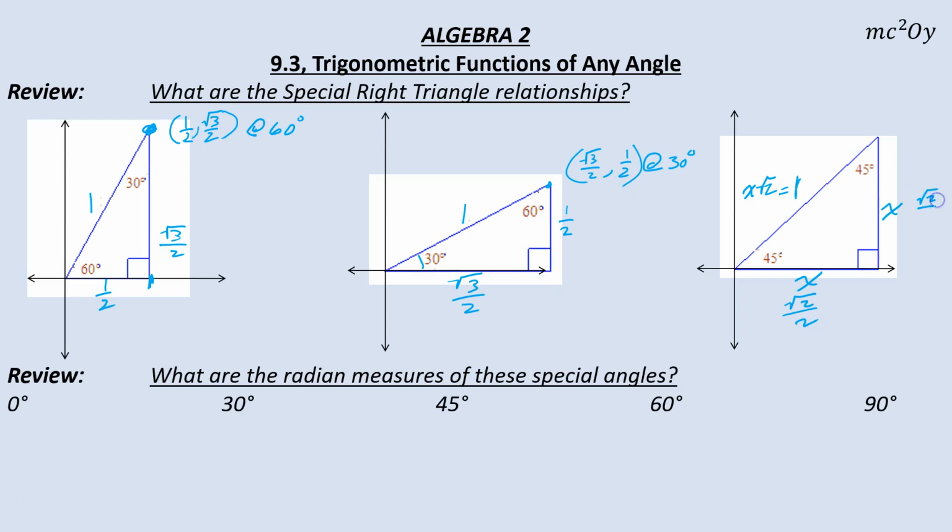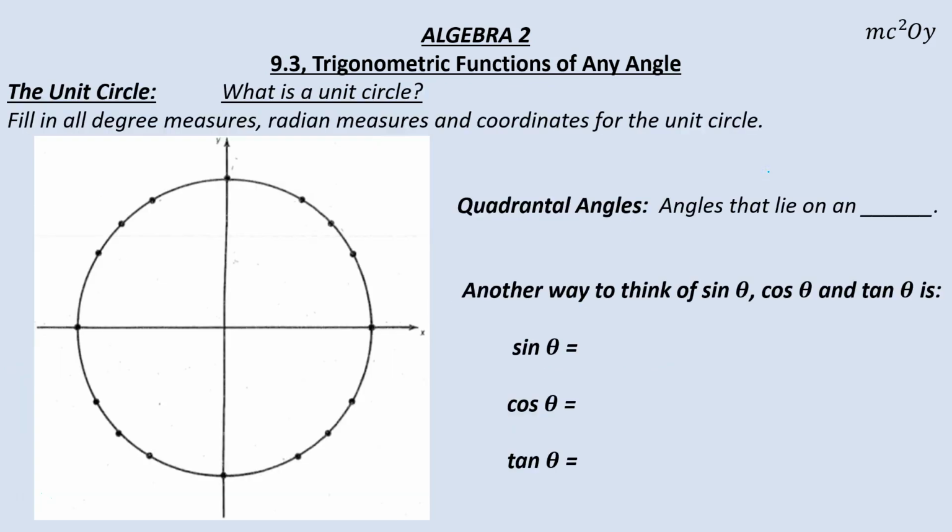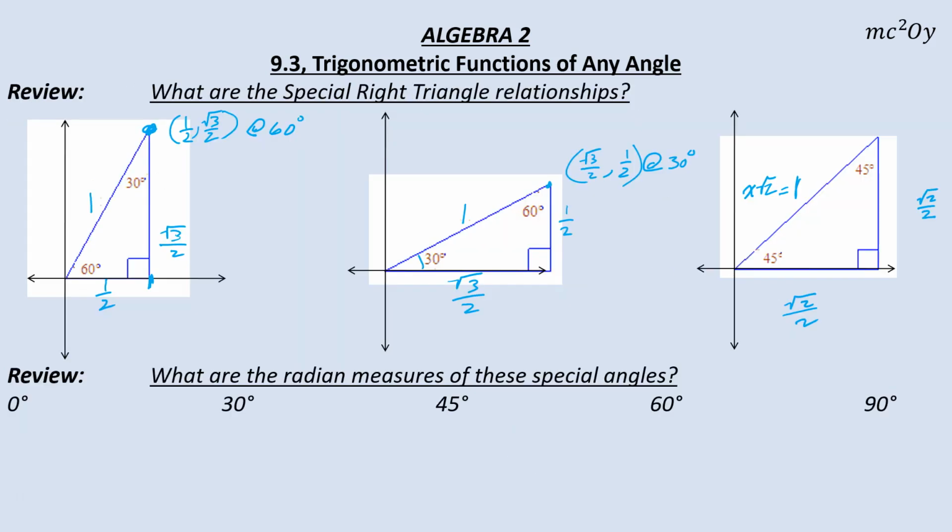And root 2 over 2. Okay. And so then you'd have that relationship there. So this coordinate up here would be x is root 2 over 2. Y is root 2 over 2. And that's at, well, theta is 45 degrees there.